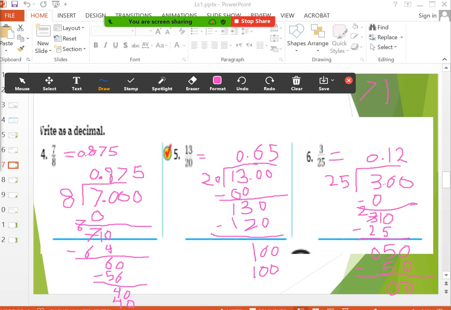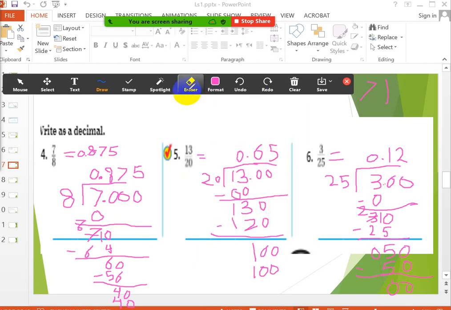Okay, if you finish, please type 1 in the chat box to move to exercise number 7. Okay, thank you, girls. I think number 7 and 8 and 9 to 12, also the same idea.